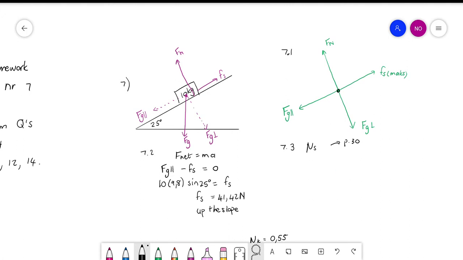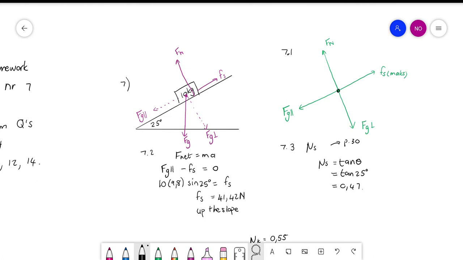We talked about it in class. On page 30, they say that if an object is at the moment where it wants to start moving, in other words, it's experiencing maximum static friction, then this is equal to tan theta. En daai theta is die hoek met die horisontaal. So dit gaan net wees tan van 25 grade, wat 0,47 is.